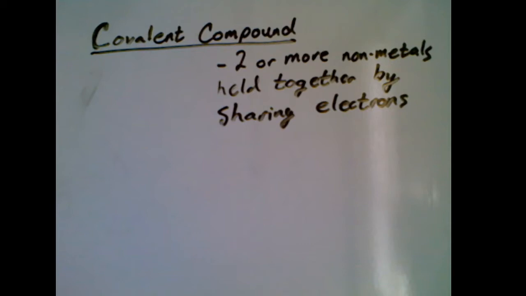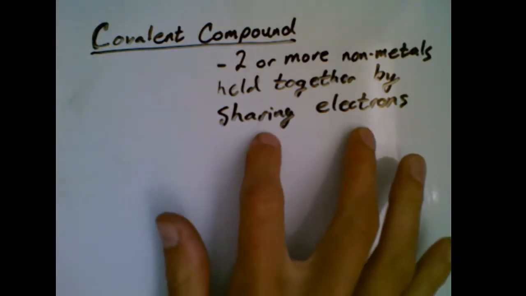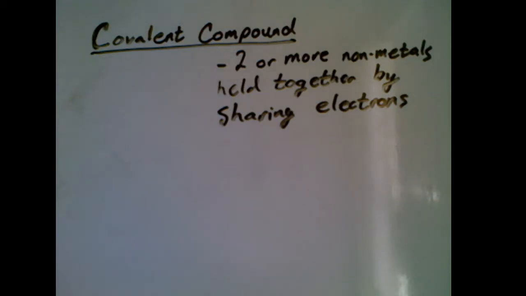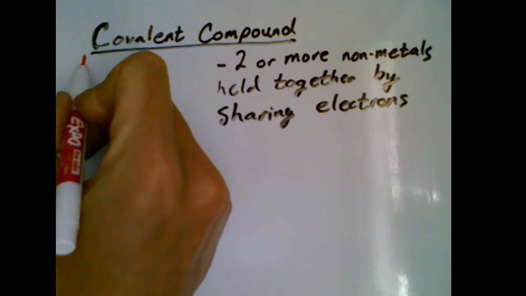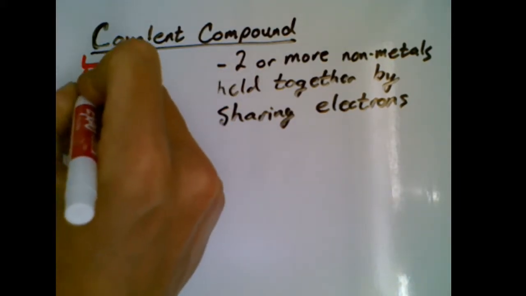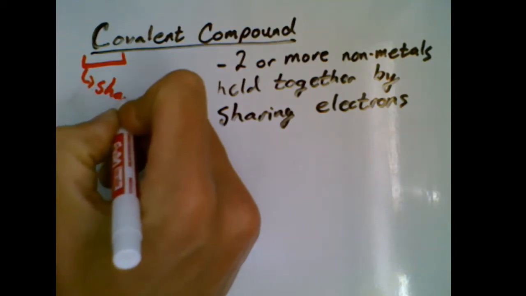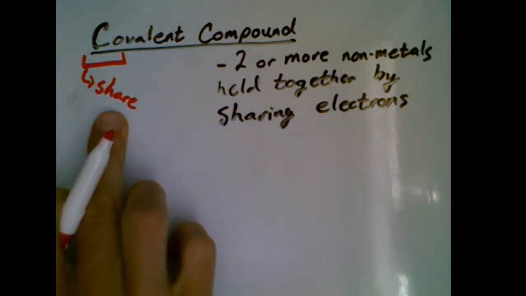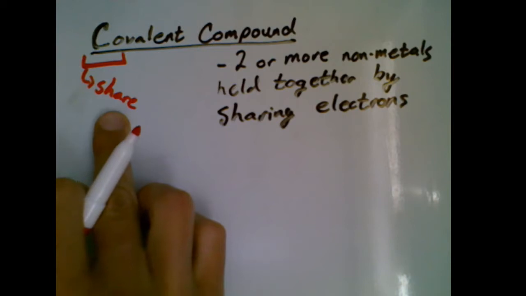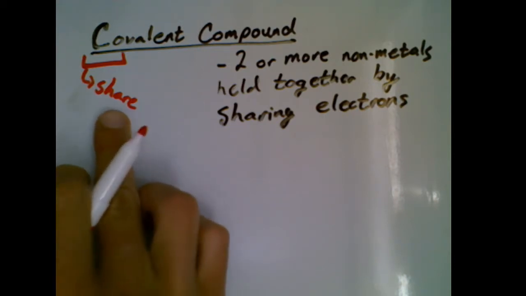Like I had mentioned, a covalent compound is a compound that's held together by the sharing of electrons. And we can actually see this in the very name. The prefix that's used in the name covalent is co. And co means to share or to have together, like to cooperate, right? You operate together or you share the workload.